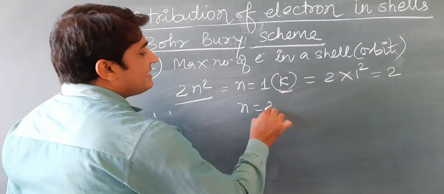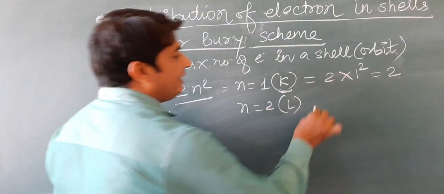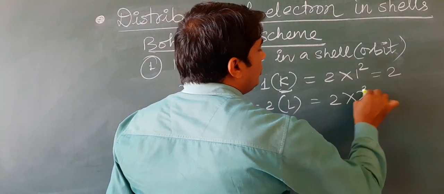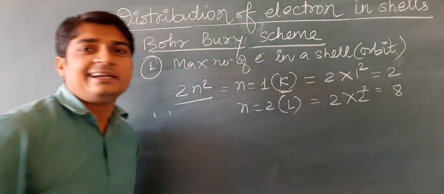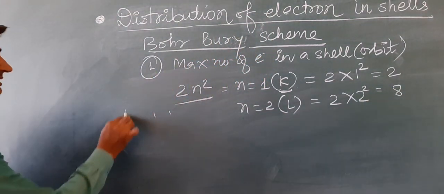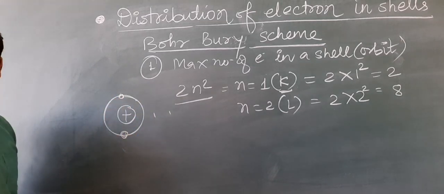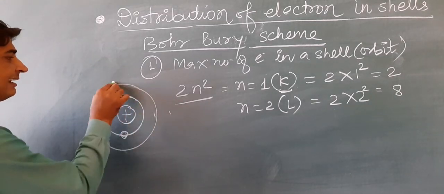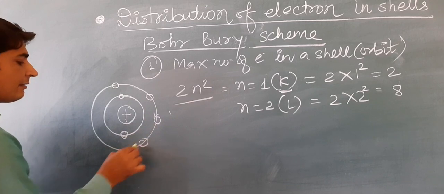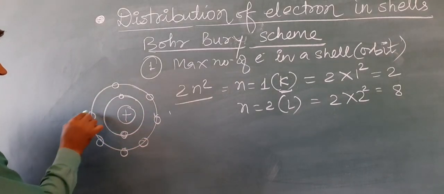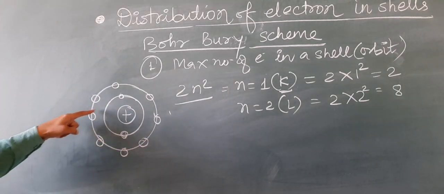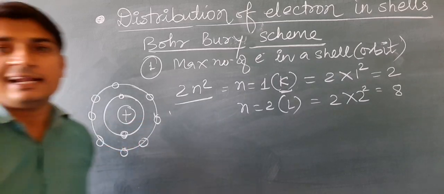Second, in the second cell, how many electrons can be filled? 2 into 2 square, 8 electrons. So in first cell, in K cell, 2 maximum electrons can be filled. In the second cell, there may be 8 electrons.